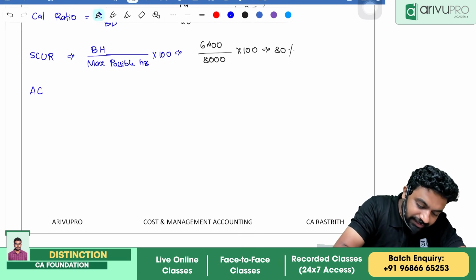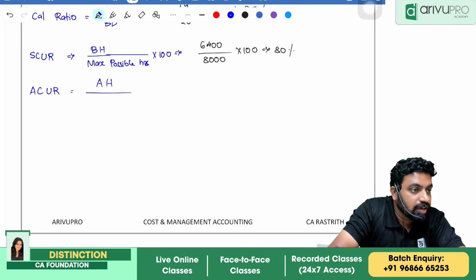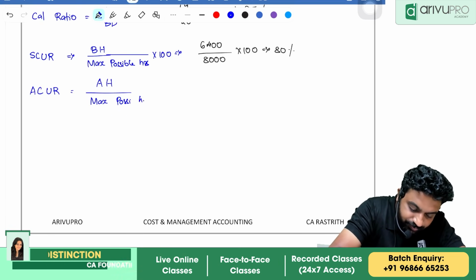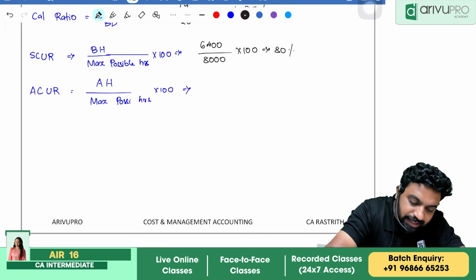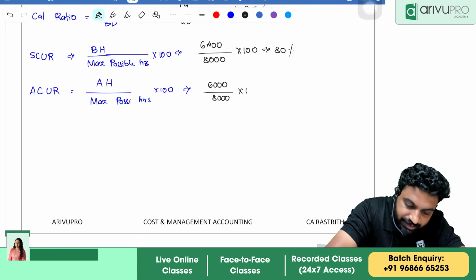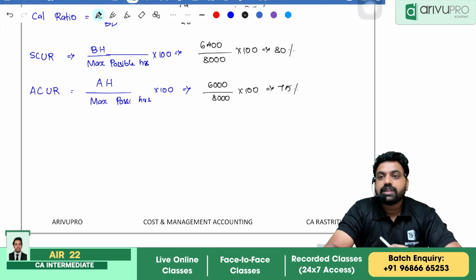Next, what are they asking? Actual capacity usage ratio. That is actual hours divided by maximum possible hours. Actual hours are 6,000. Maximum possible hours are 8,000 into 100. 75%.